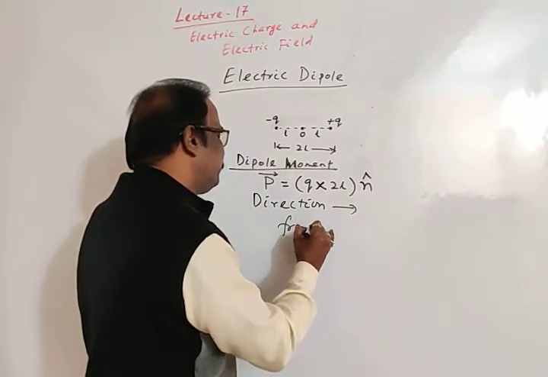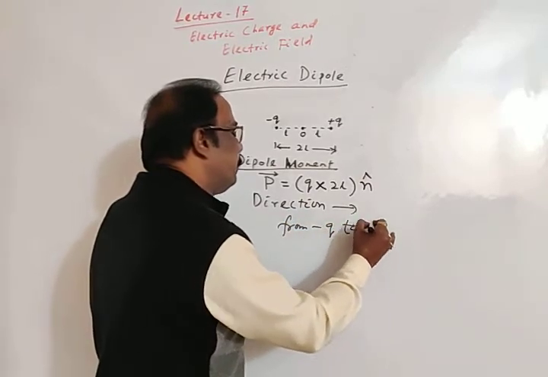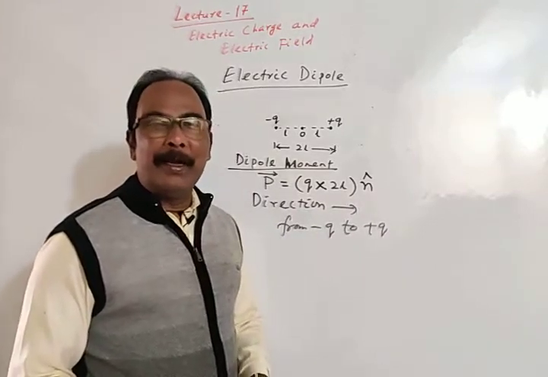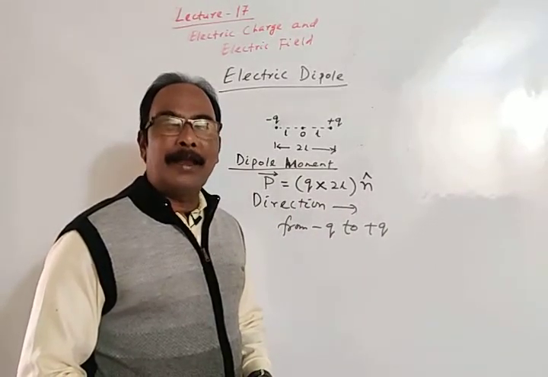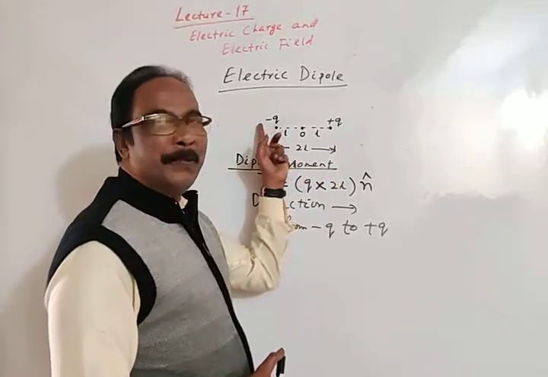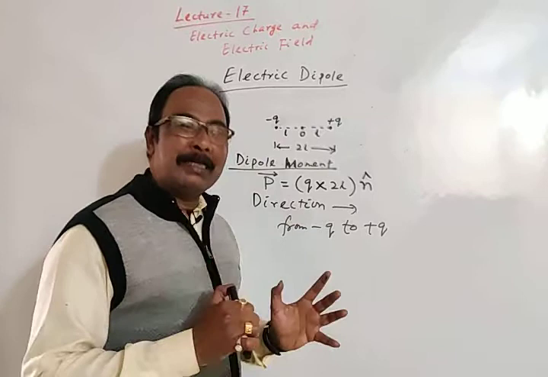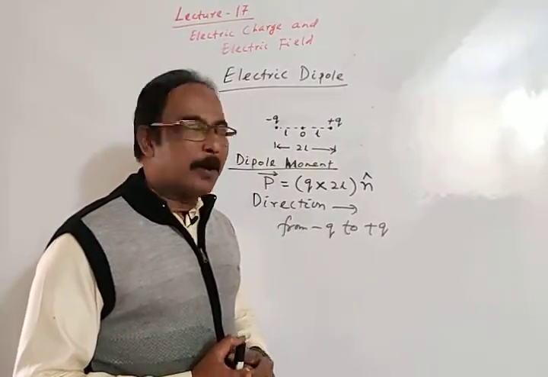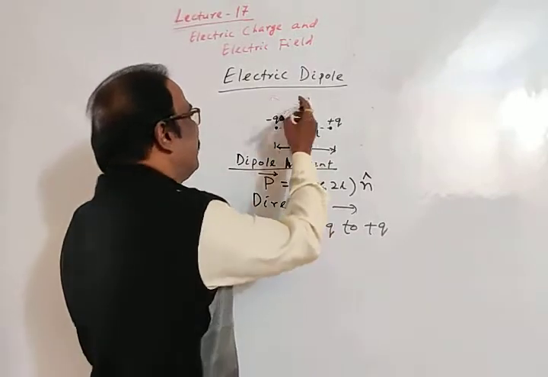In physics, by convention, the direction of the dipole moment is from minus q to plus q. In chemistry, the conventional direction of the dipole moment is from plus q to minus q. So in physics we take this convention: the direction of the dipole moment is from minus q to plus q.